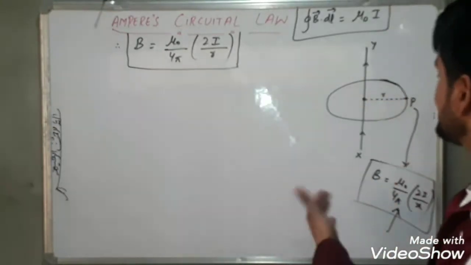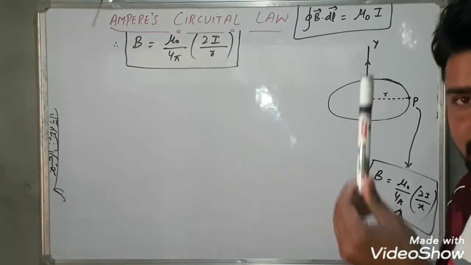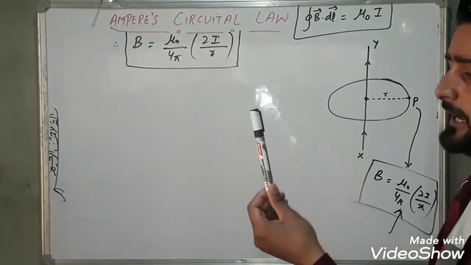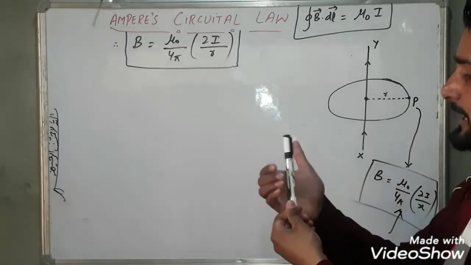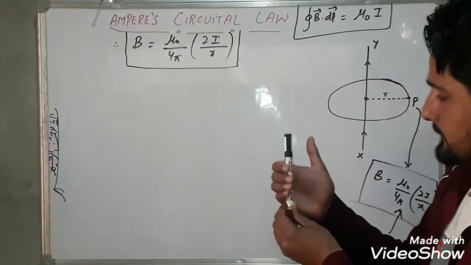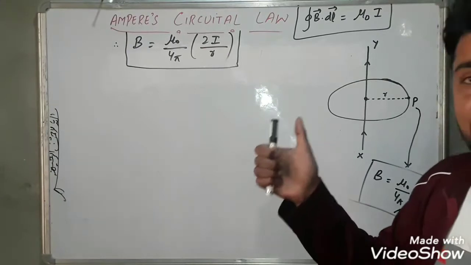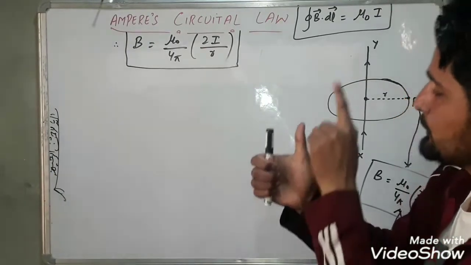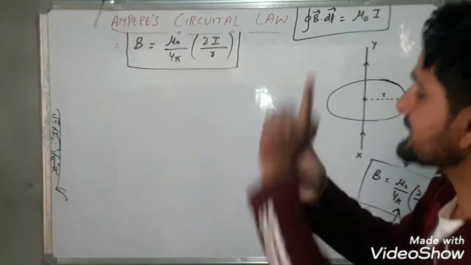So what the right hand thumb rule is: we have a straight current carrying conductor. It says imagine you have a straight conductor in your right hand, and keep this conductor in such a way that the thumb of your right hand points in the direction of the current.